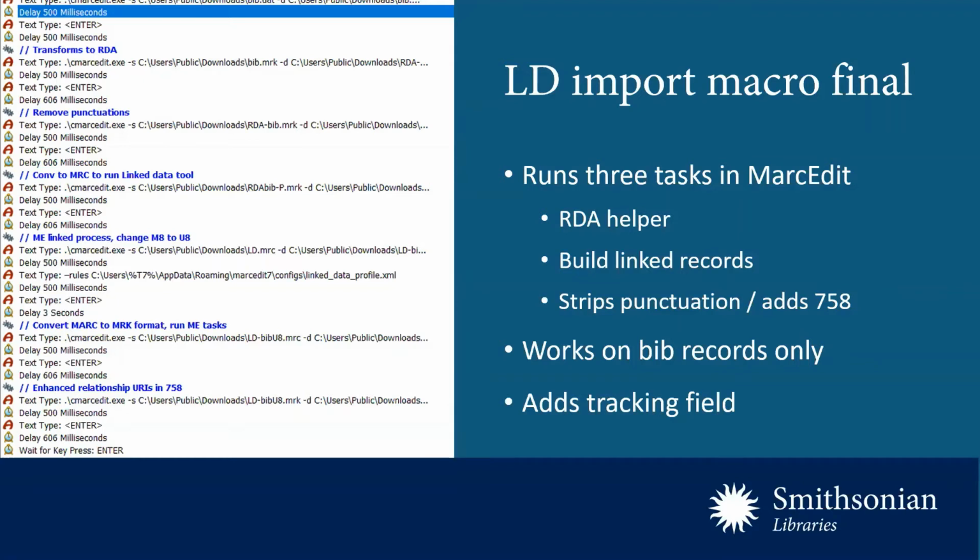And as for the punctuation, we have taken what I'm realizing is a somewhat radical step to decide to follow the guidelines outlined in the PCC report on minimally punctuated records, where we are stripping both the terminal and the medial punctuation from bibliographic records on import. The medial punctuation is the punctuation between subfields.